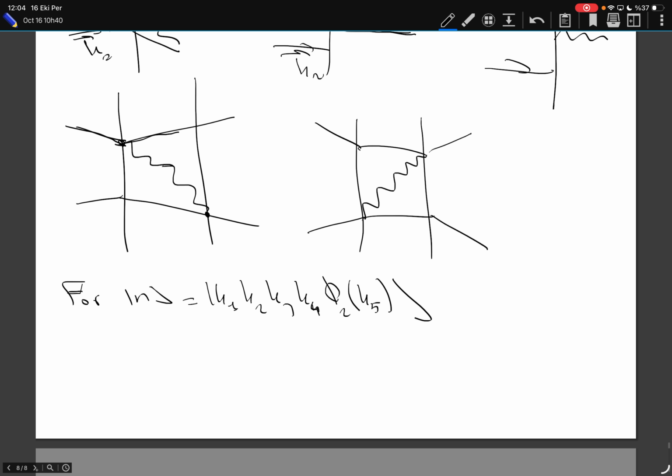What is this matrix element? Let's calculate it. I want K1, K2, K3, K4, phi 2 of K5.